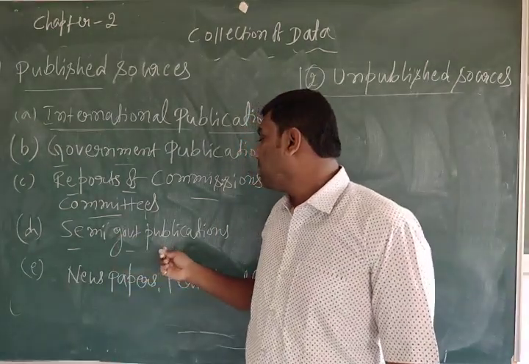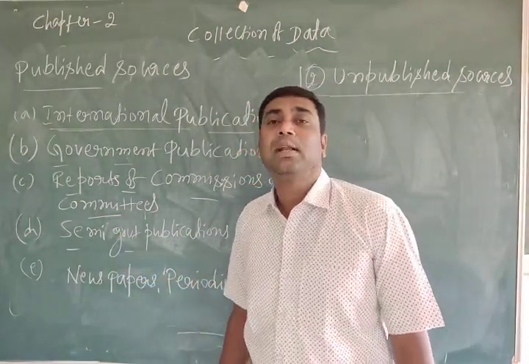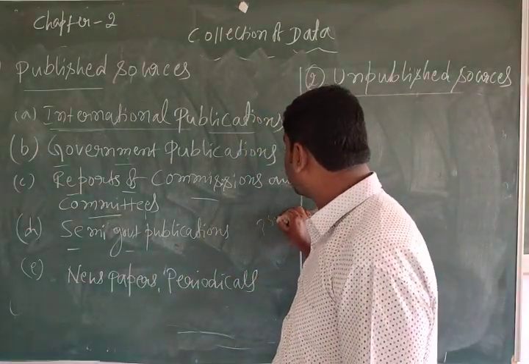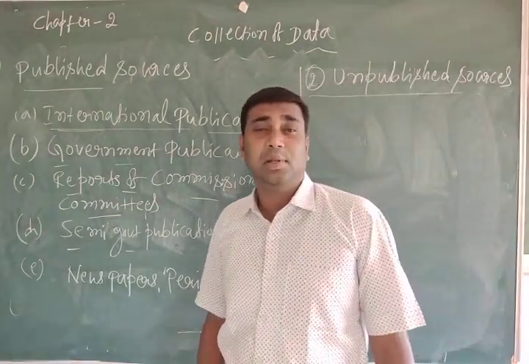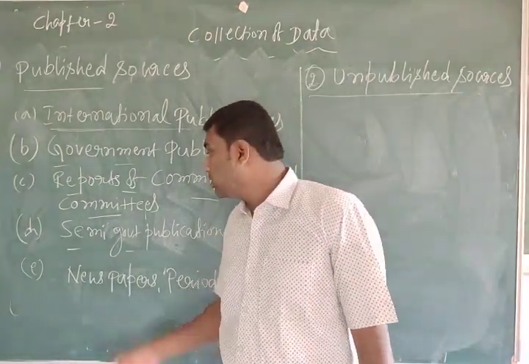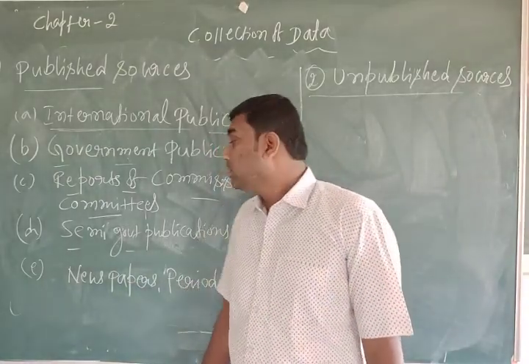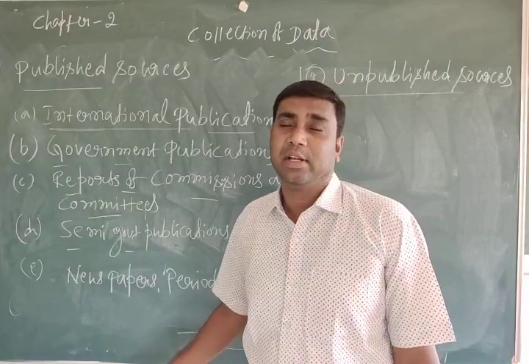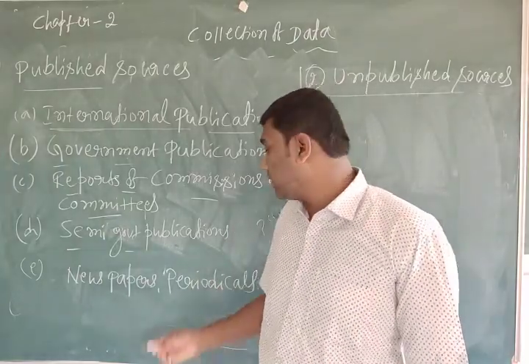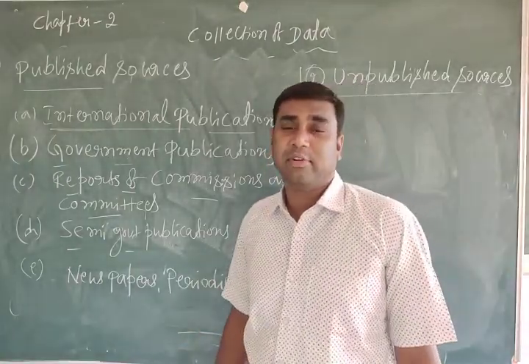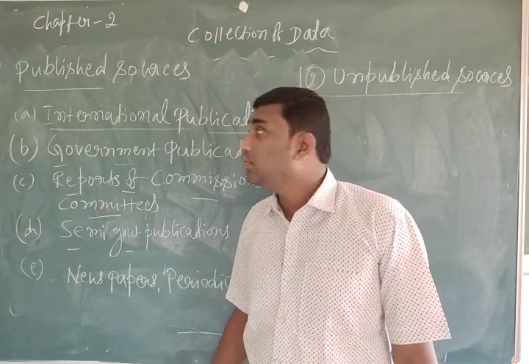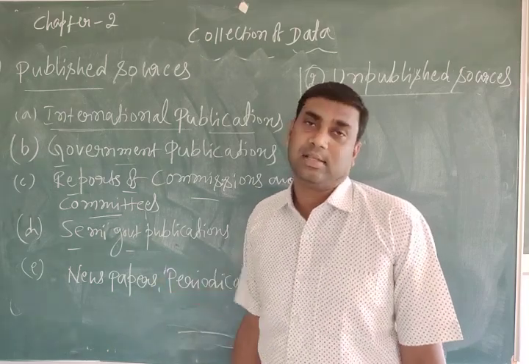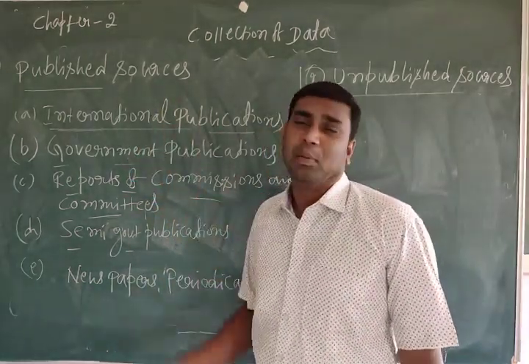These are publications like PSUs, public sector undertakings, such as BHEL, BEL, HAL. These come under semi-government. Then newspapers: we can collect information every day through newspapers, magazines, and also through channels. These are all published, printed, collected from others. This is called published sources.